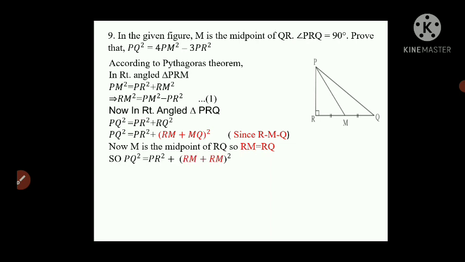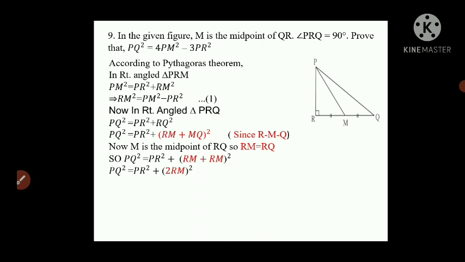On the left hand side, PQ square remains the same, is equal to right hand side PR square remains the same, plus now in place of RM and MQ I am writing RM plus RM because they both are congruent. RM plus RM means 1 RM plus 1 RM is 2 RM. So that is 2 RM square.